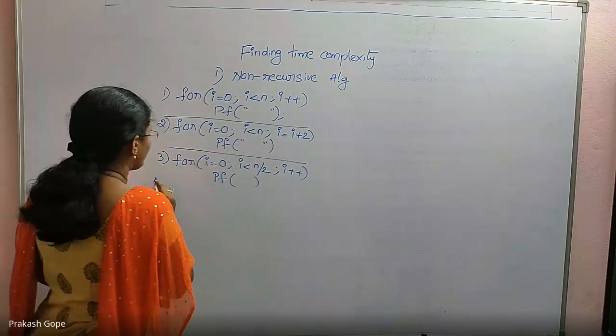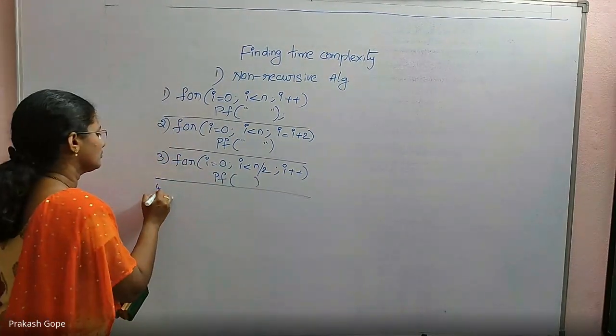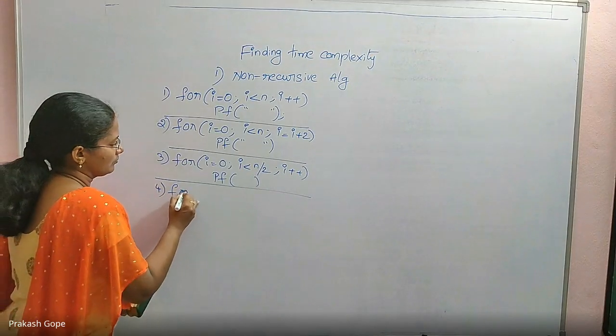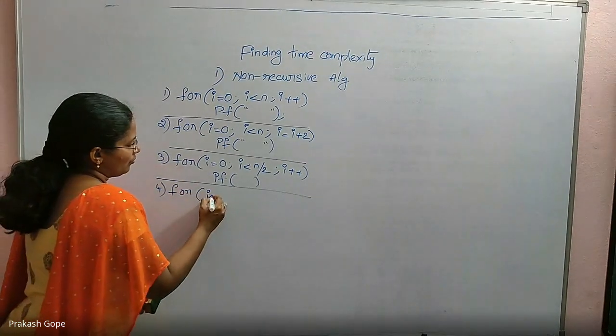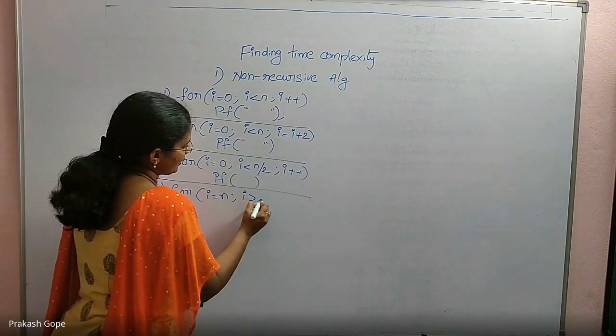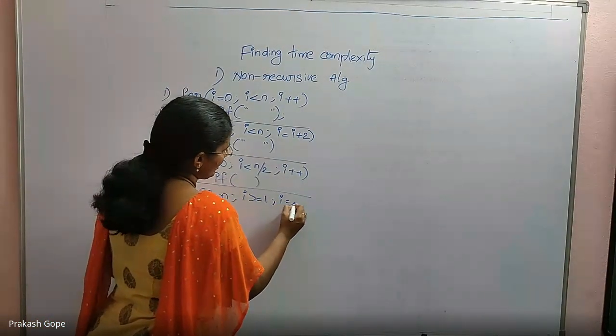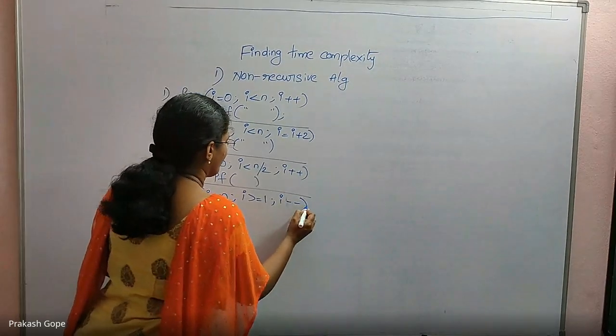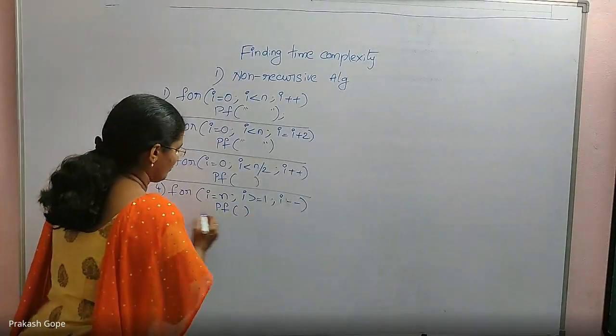Another printf statement. For i equal to n, i greater than or equal to 1, i minus minus. Printf.